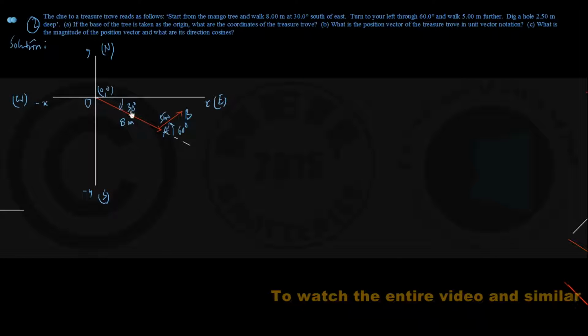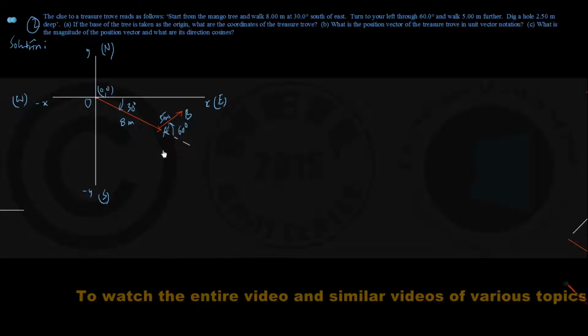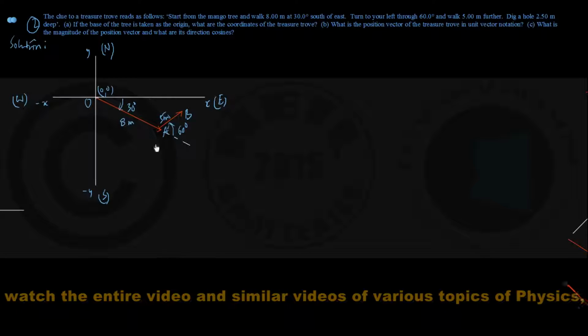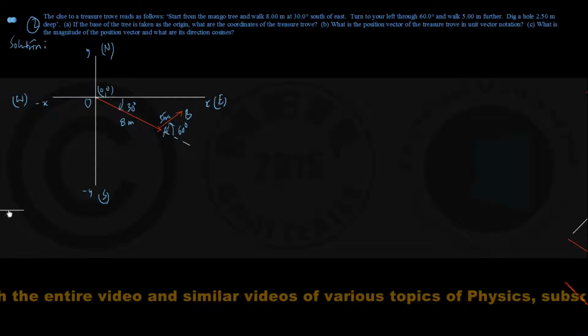As a first step, we can consider these two displacements, OA and AB, separately and resolve them into their x and y components. The direction of OA shows that it has a plus x component and a minus y component.